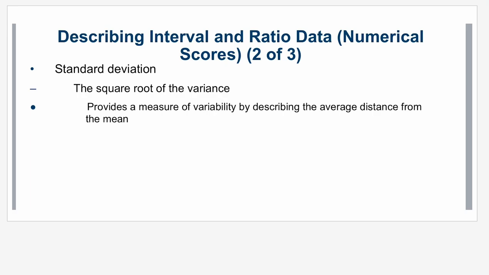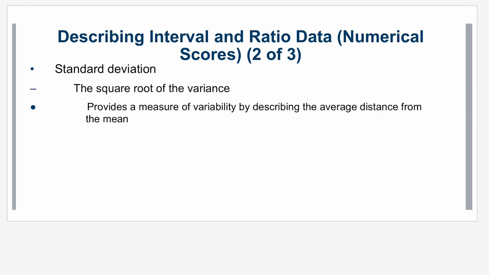So one standard deviation away is going to be within one standard deviation above the mean and one standard deviation below the mean. You're going to have about 70% of your scores. 95% of your scores are going to fall between two standard deviations above and below the mean. And so that just gives you an idea.